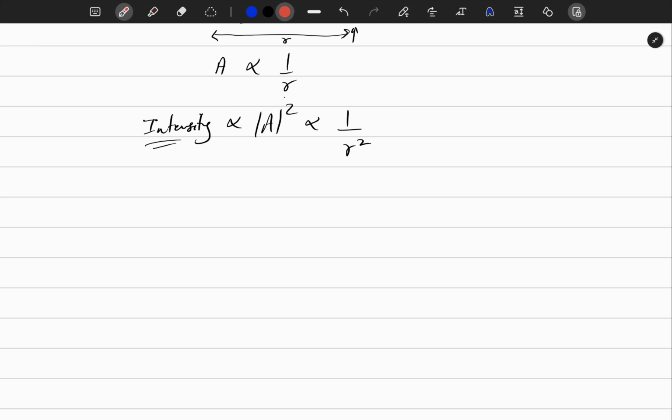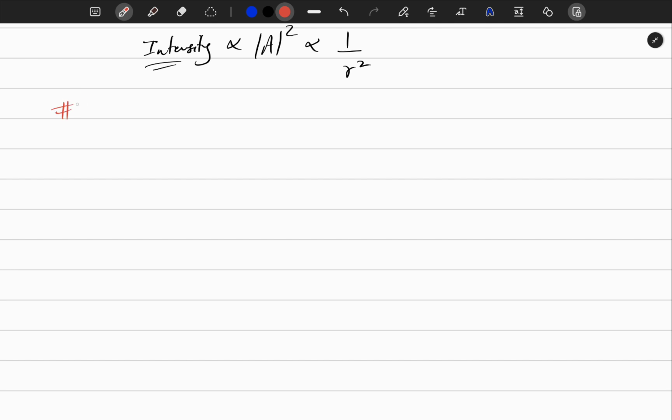Now let us discuss the wavefront and the ray. As we have seen, a wave starts from a source and then spreads out into new and new regions of space.